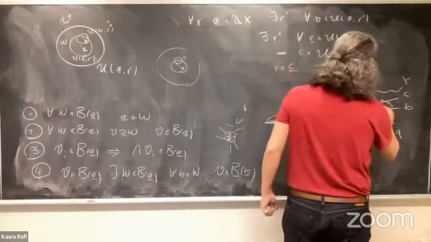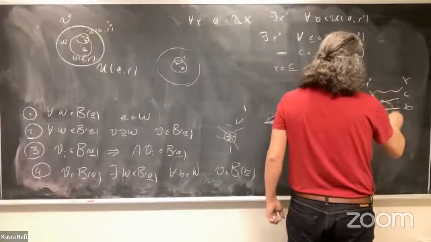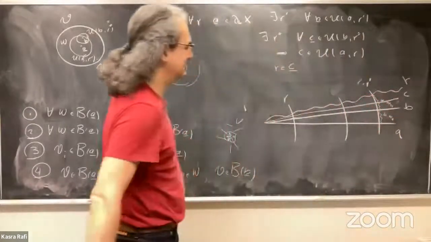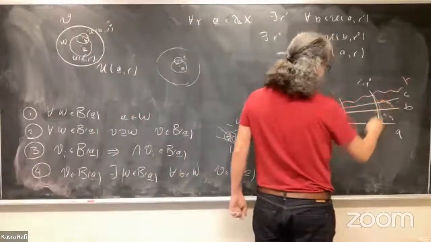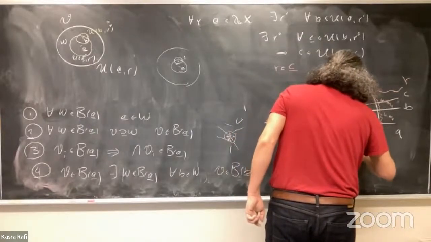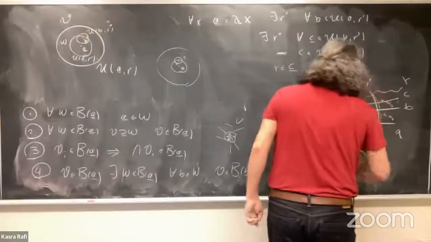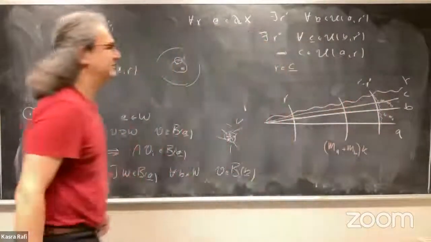So then the B is also kappa times MA close to A, which means gamma is MA plus MB times kappa close to A at this time R prime.